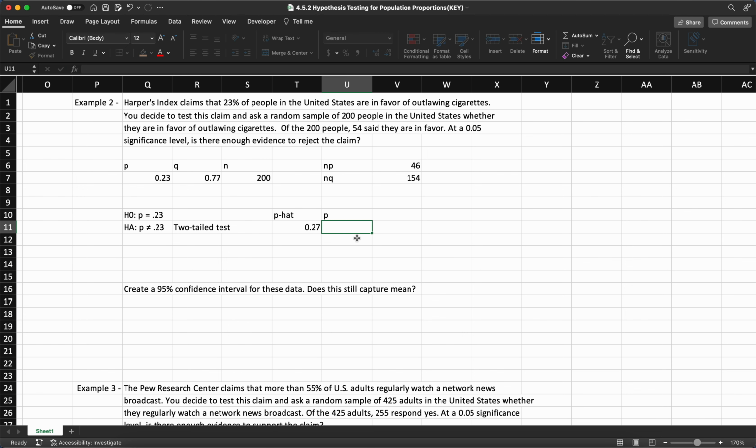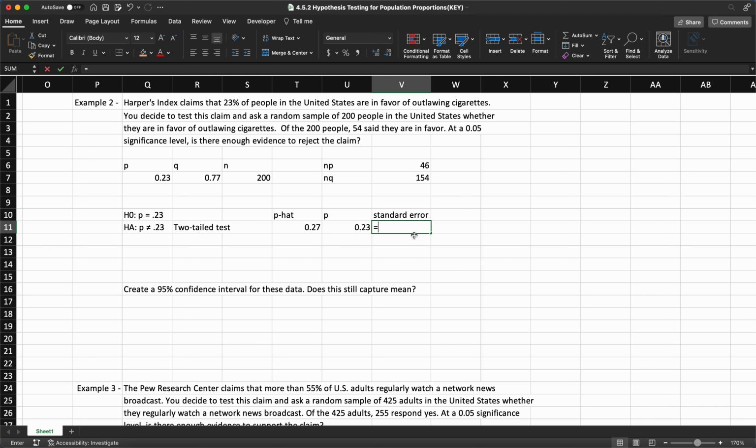P is still 0.23. My standard error is going to be the square root of P times Q divided by N. So that comes out to 0.02975, and so on.